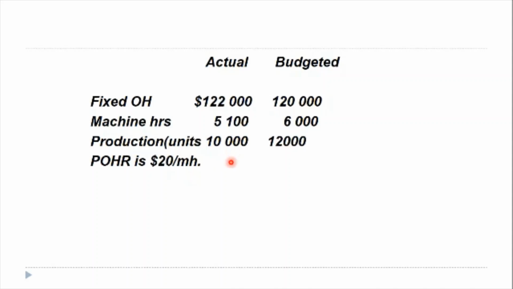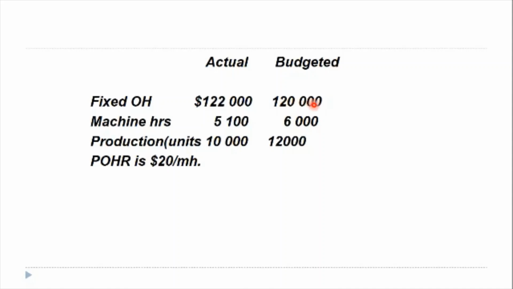So to get the amount applied for the month, you would use the machine hours, which would be 6,000, and the budgeted overhead, that is how you get the $20 per hour.